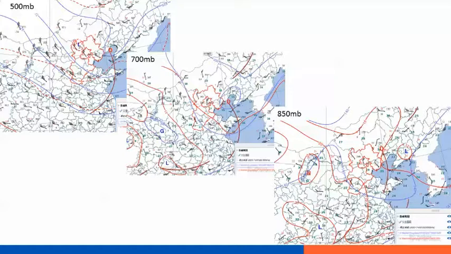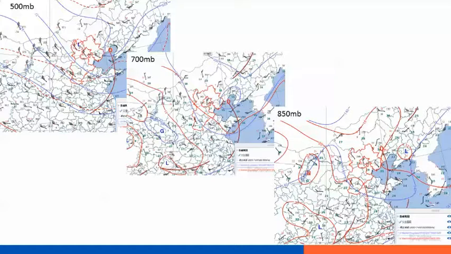So the synoptic forcing is weak, but pay attention to the 500 millibar and 850 millibar. The green figures represent the temperature difference between the different levels.